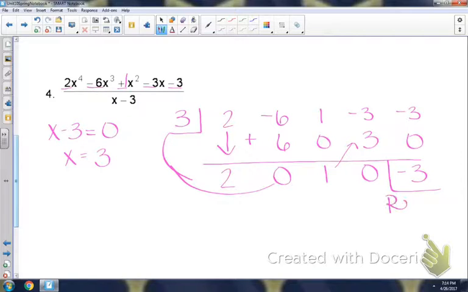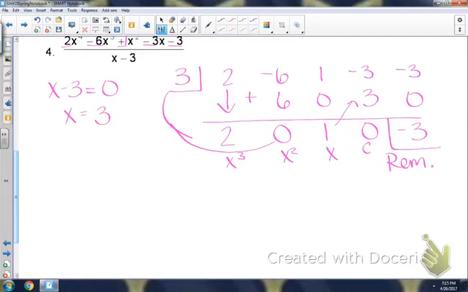Remember, that is your remainder, the very last one. To the left of that will be your constant, which we won't have one because it's 0. To the left of that, we'll have an x. To the left of that, we'll have an x squared, and then x cubed. So that's going to be 2x cubed. It's 0x squared.